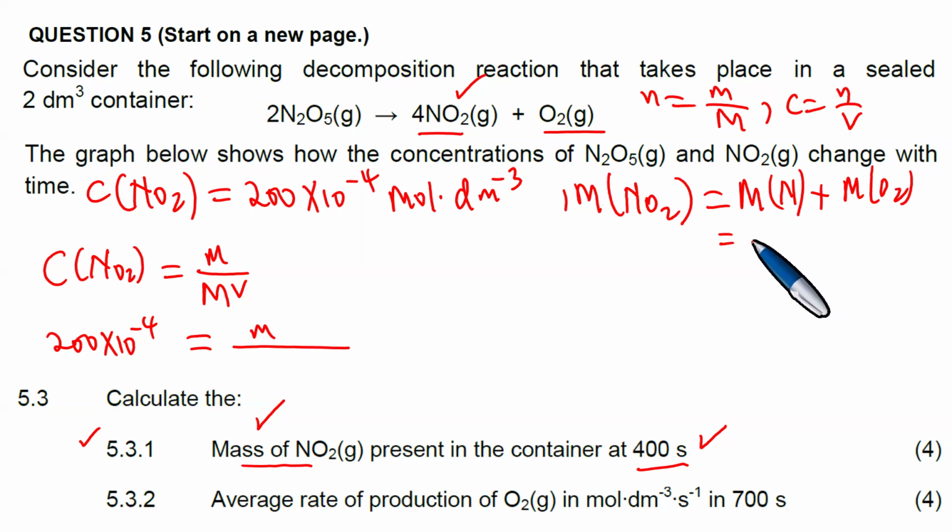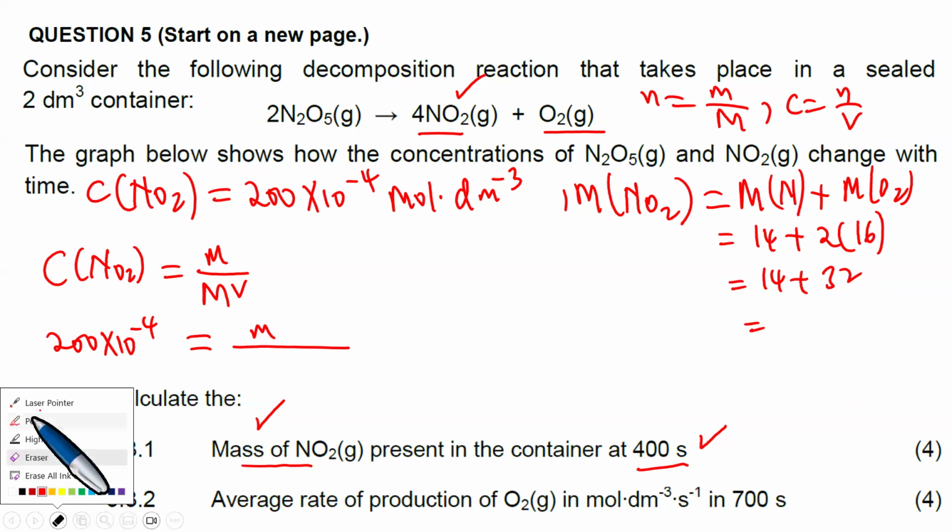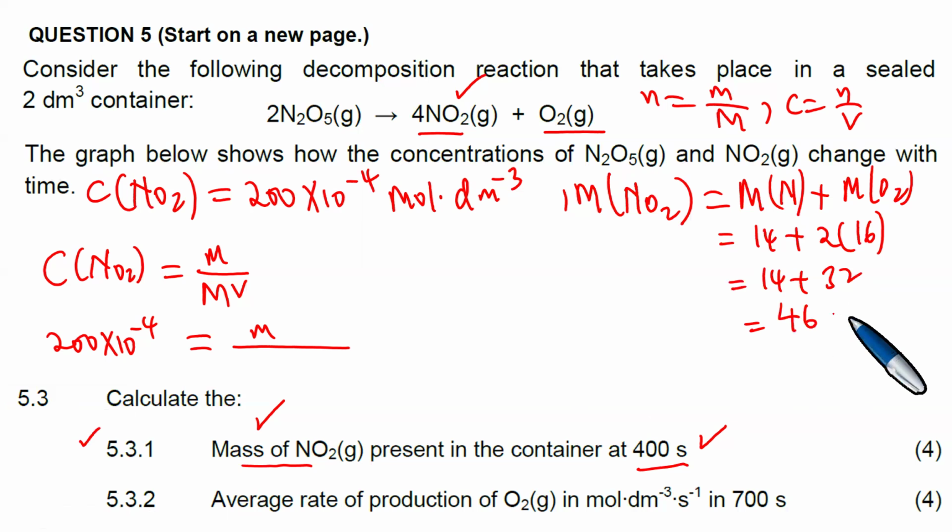For nitrogen it is 14, and for oxygen it is 2 times 16. So this is 14, and 2 times 16 is 32, and therefore this is 46 grams per mole. That gives us the actual molar mass, so we're going to put 46 here.